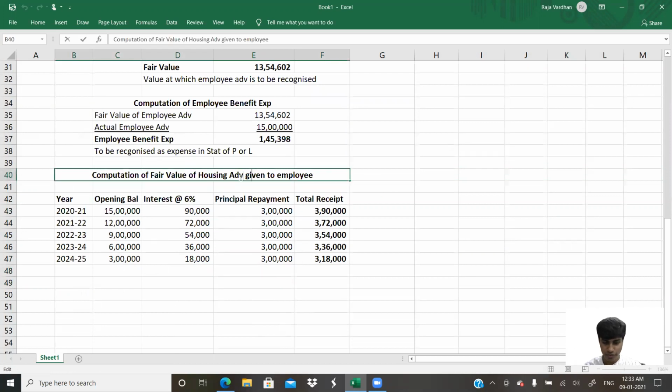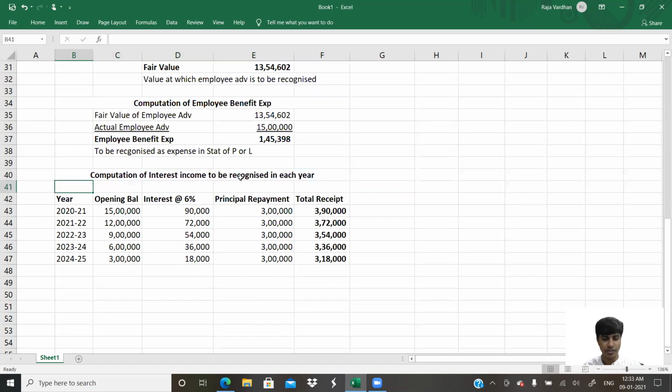Computation of interest income to be recognized in each year. Yeah, we're trying to compute the interest income to be recognized in each year.